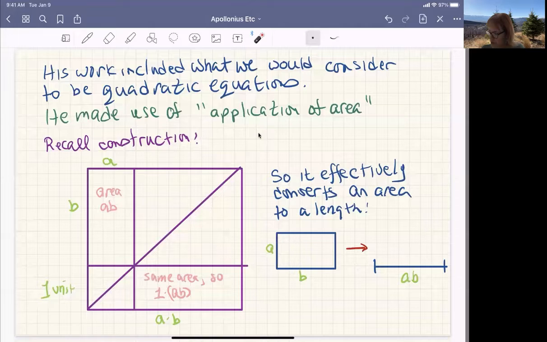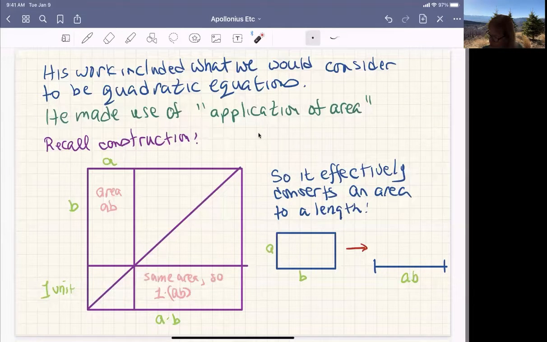So you start with a rectangle that has dimensions A, B, and then you get a rectangle of area A times B. And then remember we said, let this be 1 unit. So this height here is 1. And so when we complete this construction, this rectangle has the same area as this one.